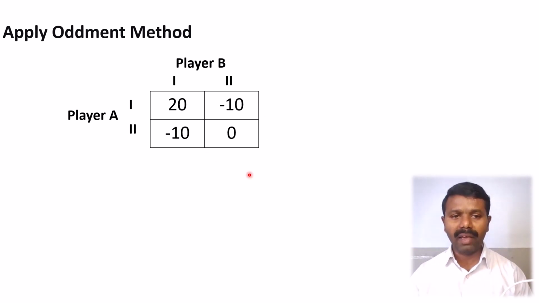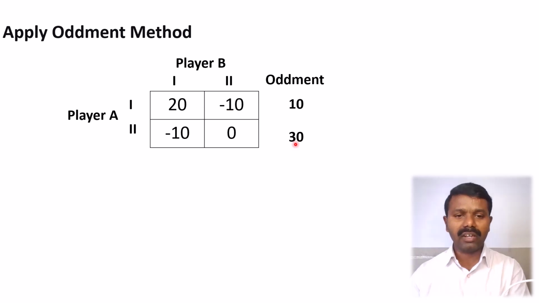Now if I apply the oddments method, I will be calculating the oddments. An oddment is the difference between these two. So it is 10 minus 0, which is 10, and here 20 minus minus 10, which becomes 30.